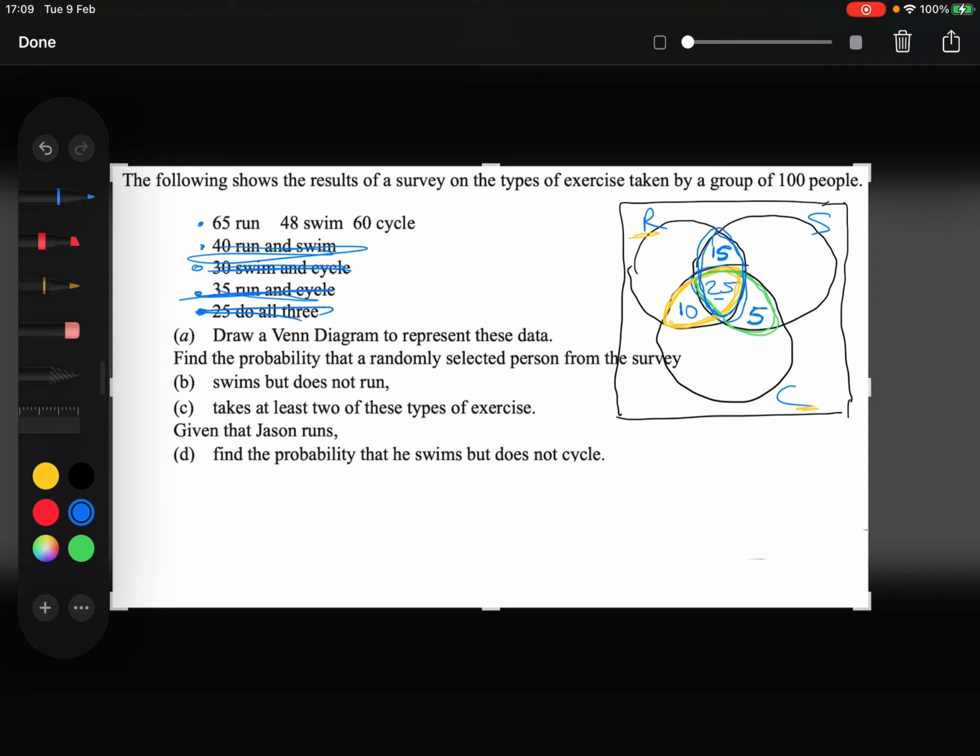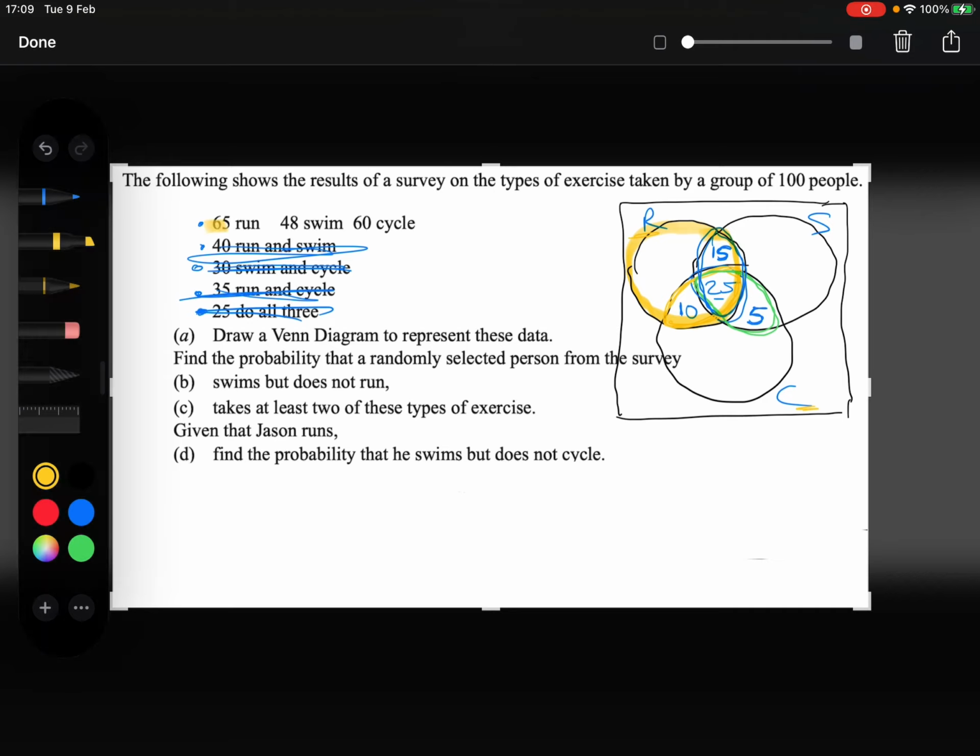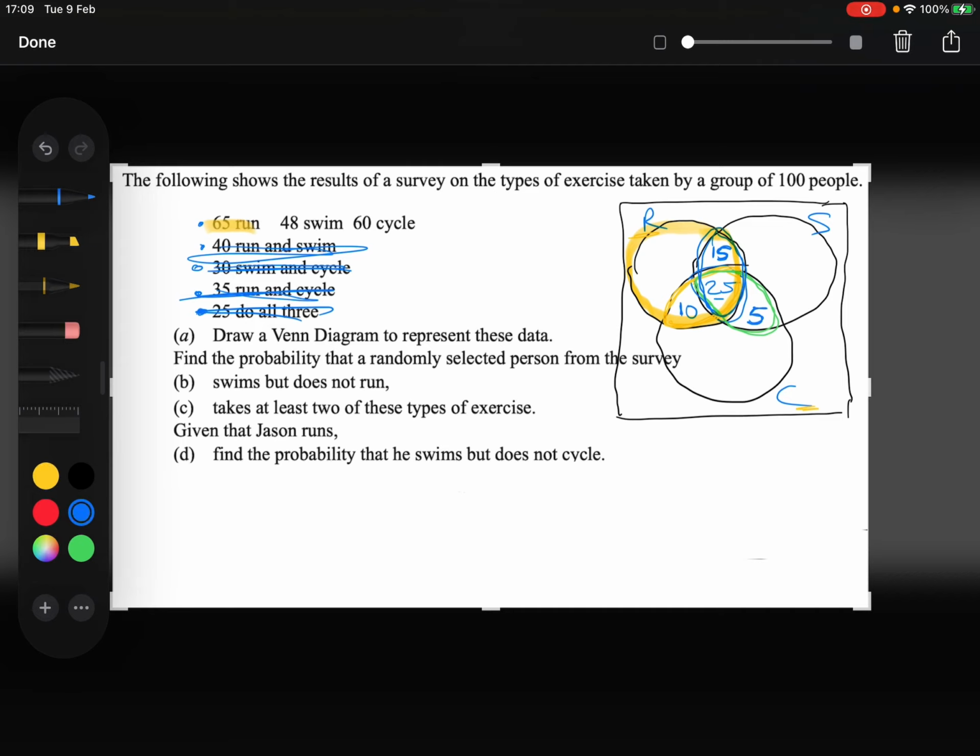And remember what I said before, that this here represents all 65 people that run. So if I now do 65, take away 10, take away 25 and take away 15, that's going to tell me how many people will just run and do nothing else. And that gives me 15.